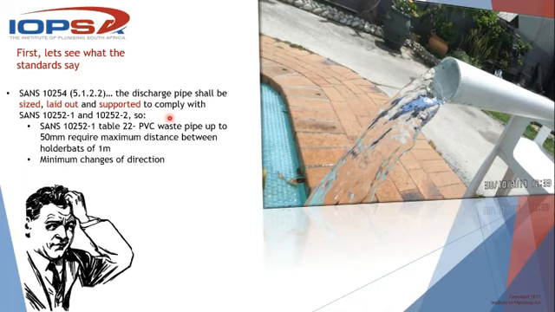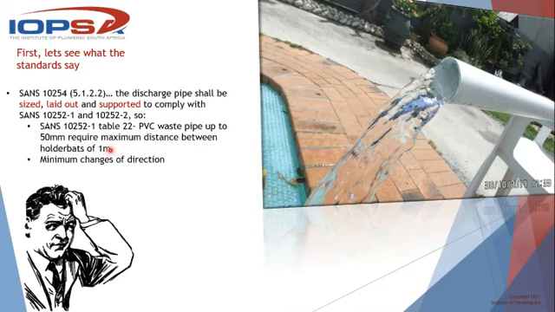Just to say that 0252-1, in table 22, which is right at the back in section 8, talks about PVC waste pipe. I think it's between 32 and 50, but that includes 40 and 50. It requires a maximum spacing between holderbats of 1 meter.